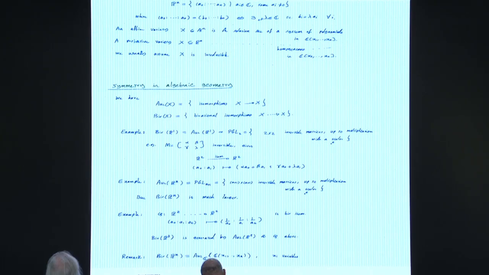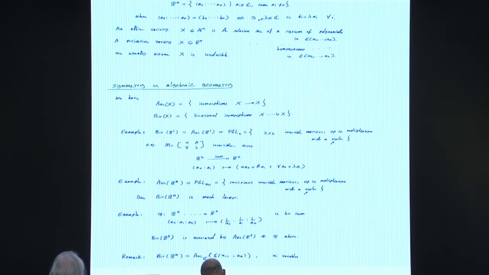And every isomorphism will come in this way. More generally, in any dimension, the automorphism group of P^n is just PGL_{n+1}, the (n+1) by (n+1) invertible matrices, again up to this multiplication. So these are very classical groups. They were already studied a long time ago. But the birational automorphism group is much larger than this PGL_{n+1}.